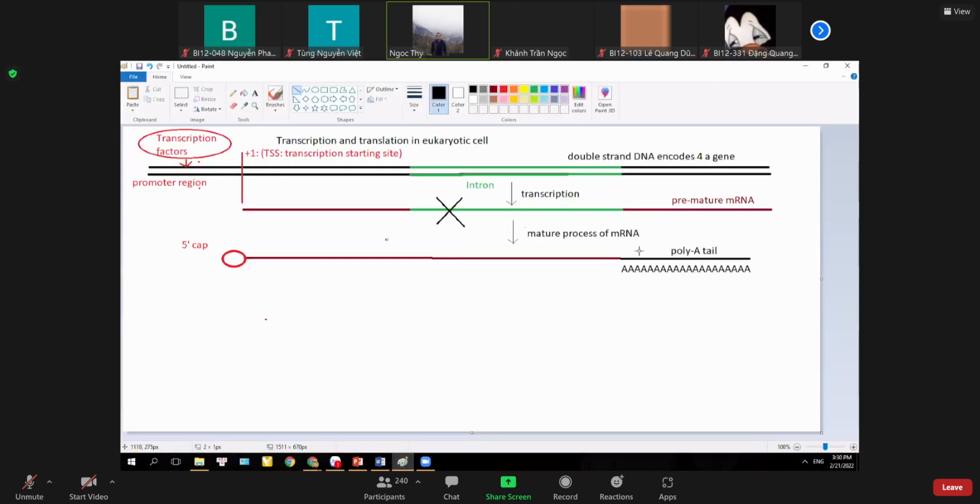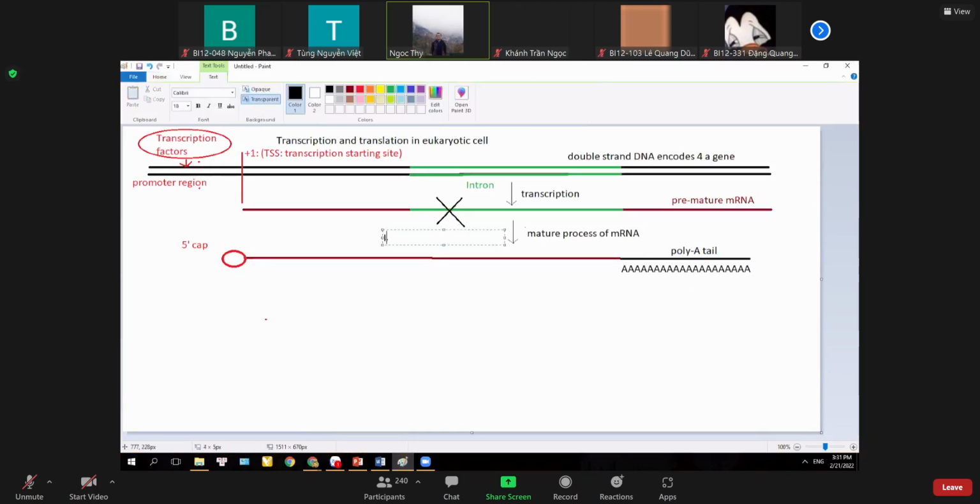Right. So this poly-A tail, and the intron was removed. Splicing.